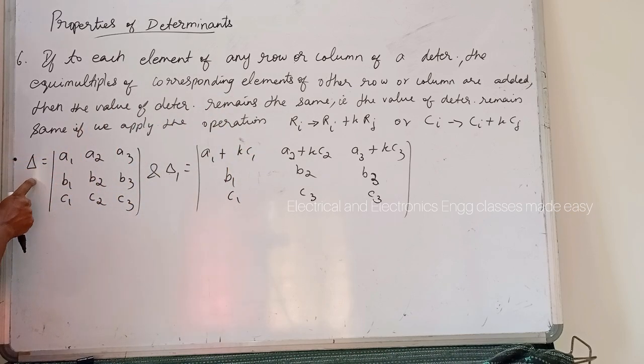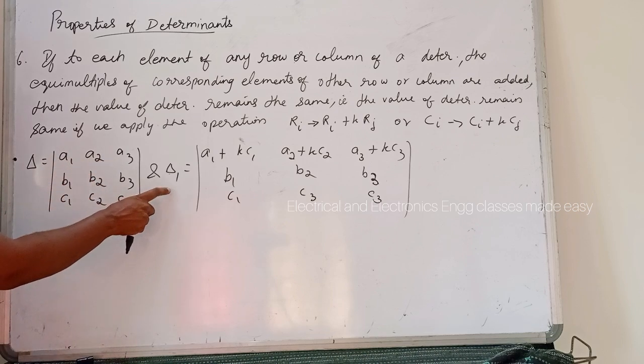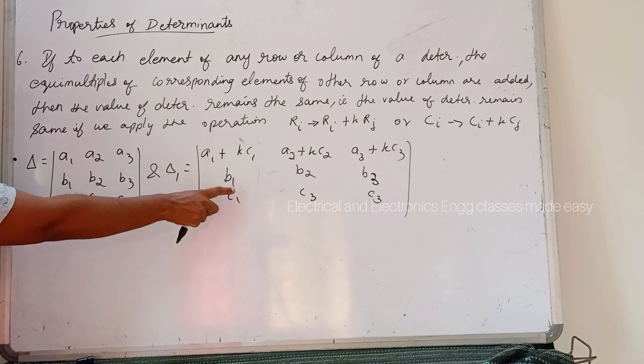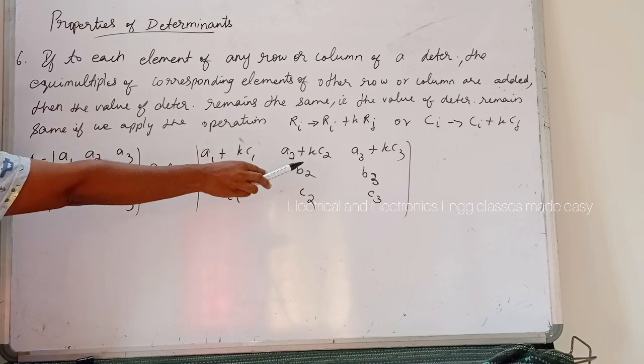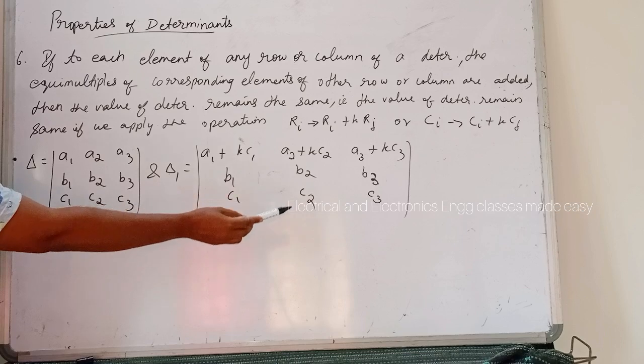For example, if delta is equal to determinant of A1, A2, A3, B1, B2, B3, C1, C2, C3 and delta 1 is equal to A1 plus K C1, A2 plus K C2, A3 plus K C3, B1, B2, B3, C1, C2, C3.